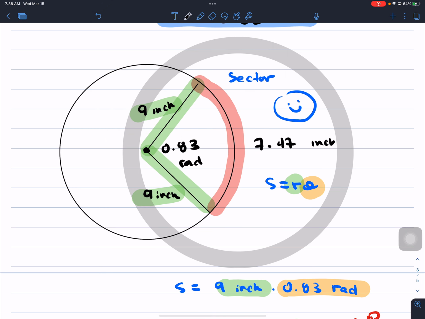Because when you deal with applications, very often they want to know, hey, if this sector has a radius of 9 inches, then what is the arc length? That has to be in the same units numerically. Okay, so that'll be 7.47 inches. What do you guys think? Easy peasy lemon squeezy? Okay, so there you go.